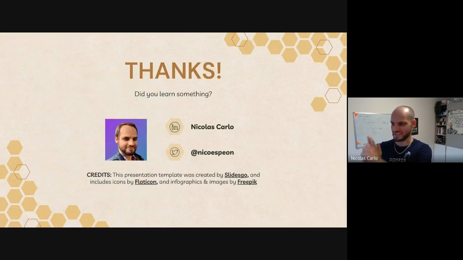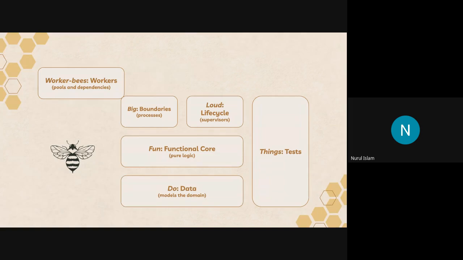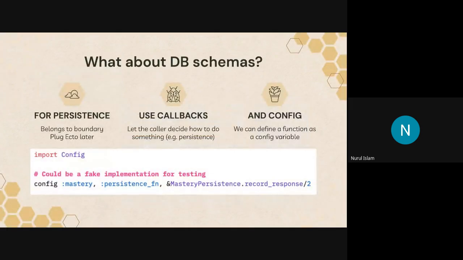Nurul, you had a question. Yeah, I was actually going to ask you about the final slide that you covered before, if you could go back, the one before that. Actually, yes. So you were talking about having a separate core model from the Ecto schema.